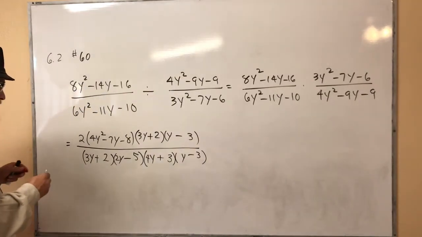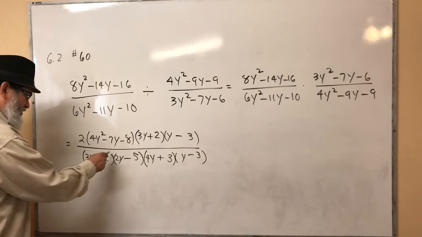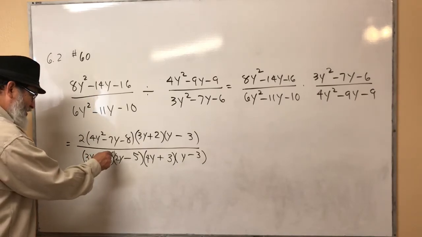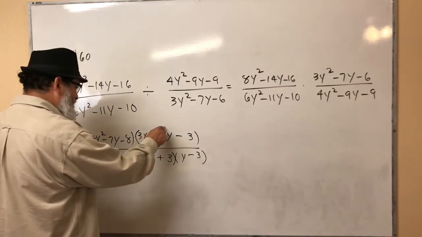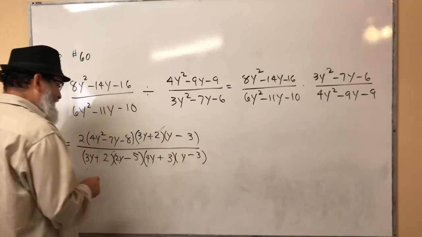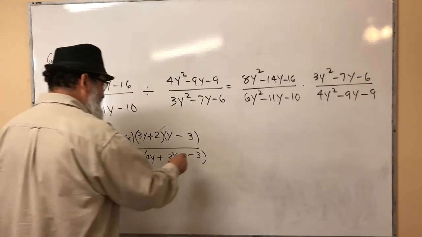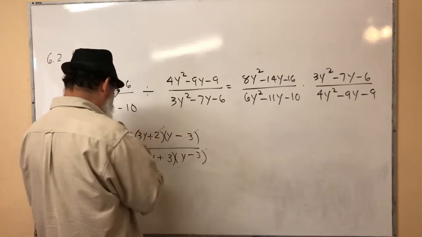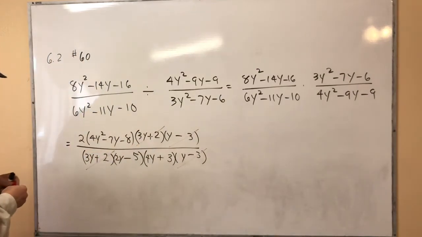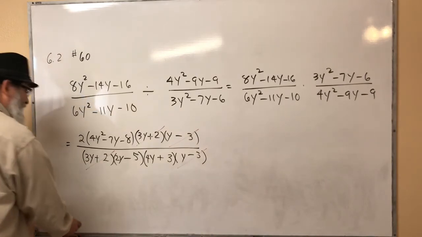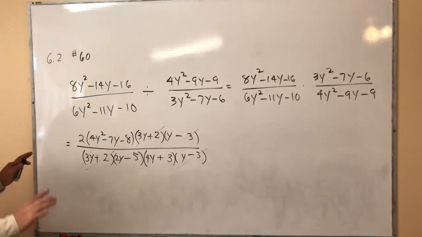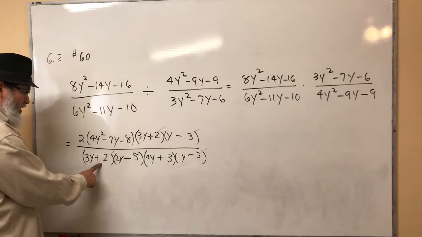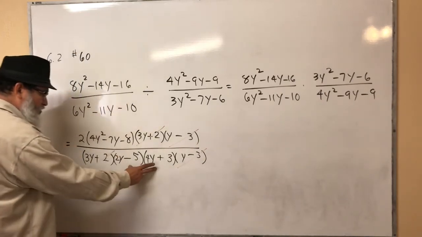Sure we can. We can cancel this 3y plus 2 and this 3y plus 2, and we can cancel this y minus 3 and this y minus 3. Yes, we can cancel them. But we're not done. That one went away and that one went away, not those two.